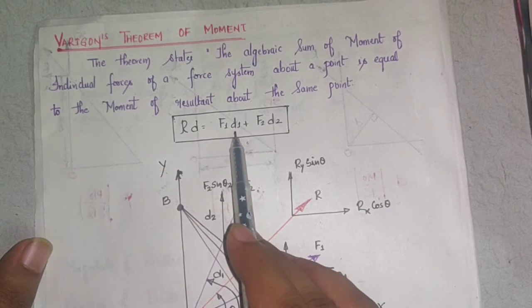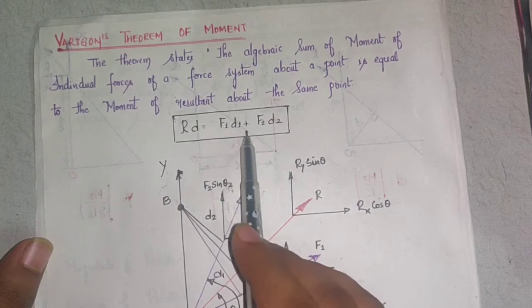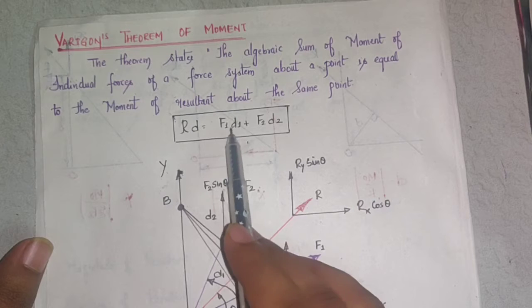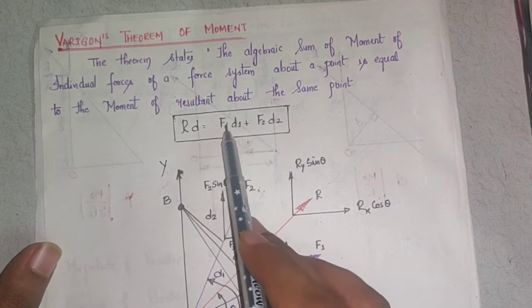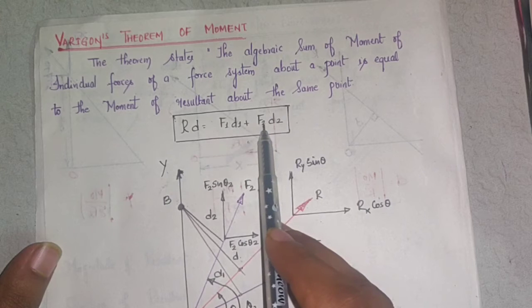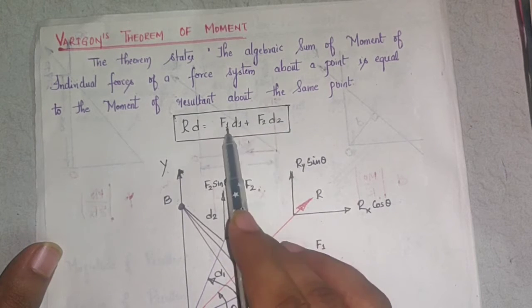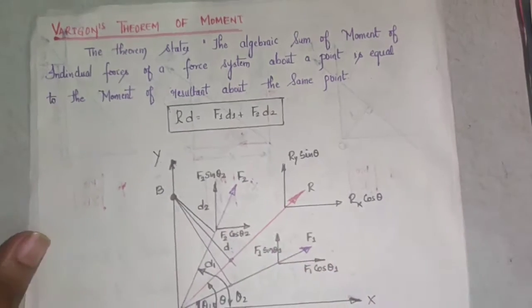The sum of the moments of the individual forces about that particular point. If I add the moment produced by this force and this force, both added together will be equal to what? The moment developed by the resultant force.